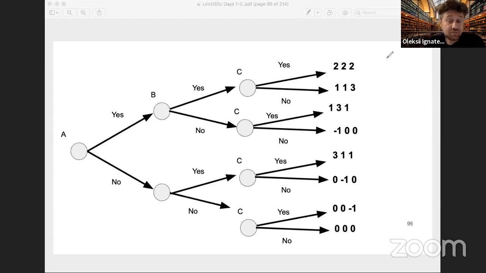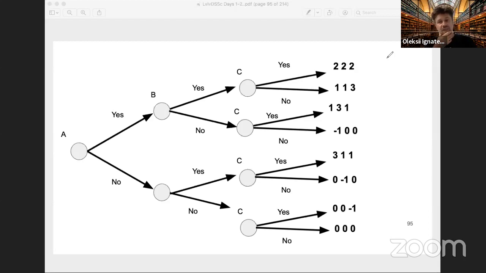To solve this game, I mean to solve a game in extensive form, it is special. I suppose you've heard about dynamic programming and the optimality principle of Bellman. Here we have a simplification of this principle for this simple situation.